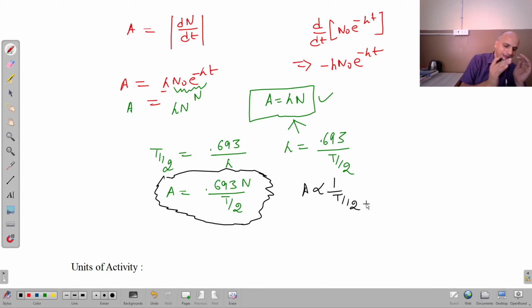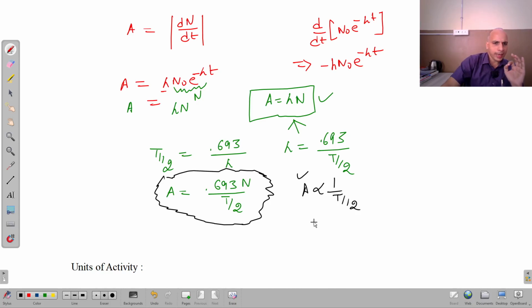If a substance has a short half-life period, then obviously activity will be higher, and if the substance has a longer half-life period, activity is lower. If the value of T is large, A is small; if the value of T is small, A is large. This is how activity depends upon the half-life period.